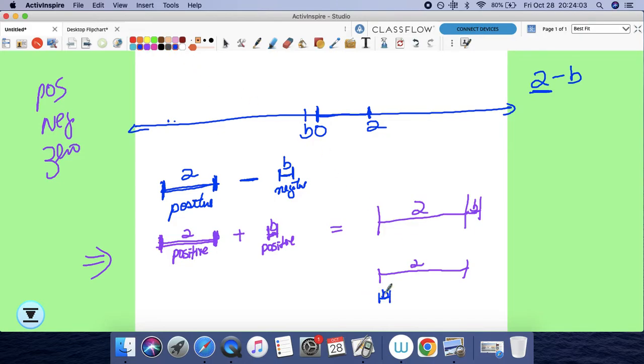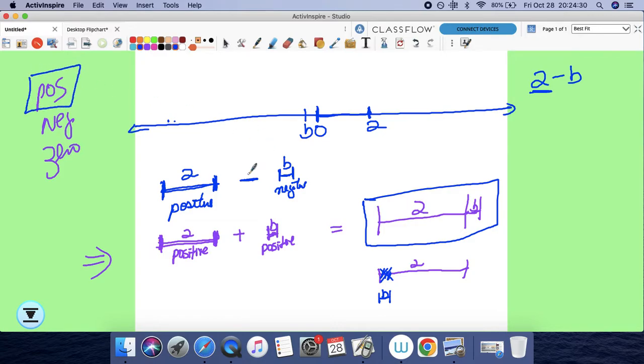Or am I removing this b from this guy here? Obviously, the answer is this one, because they're both positive. I'm combining both absolute values, combining their two distances together. So the answer to this one is definitely positive.